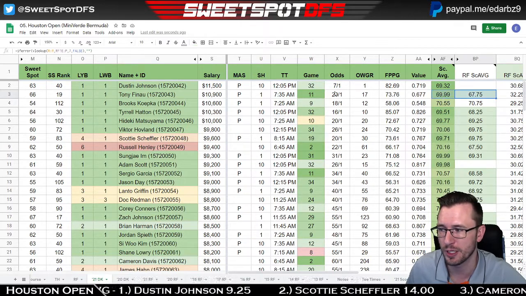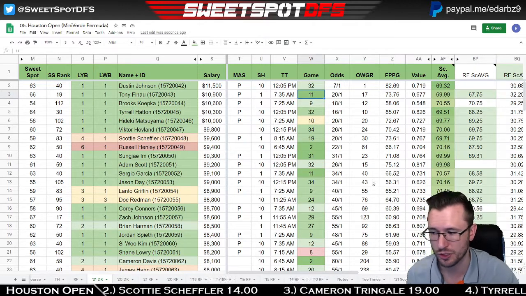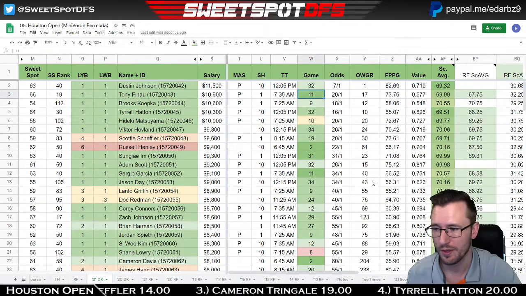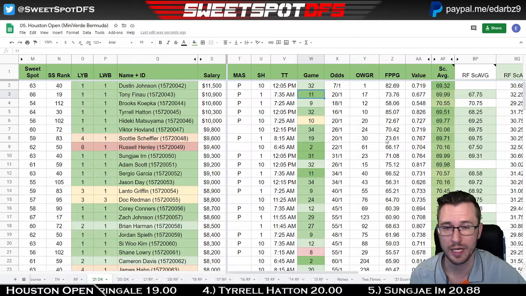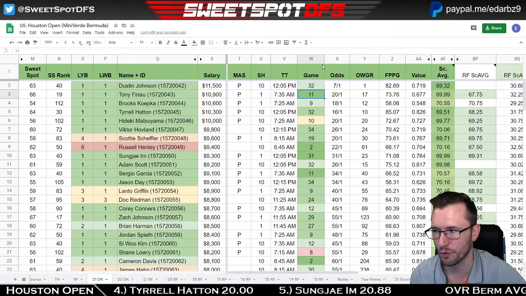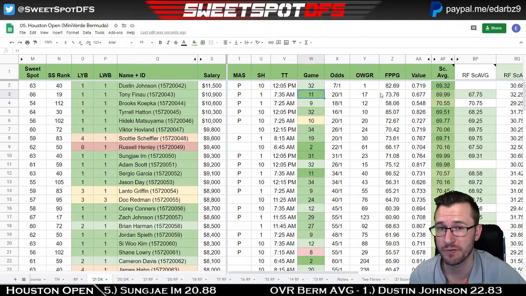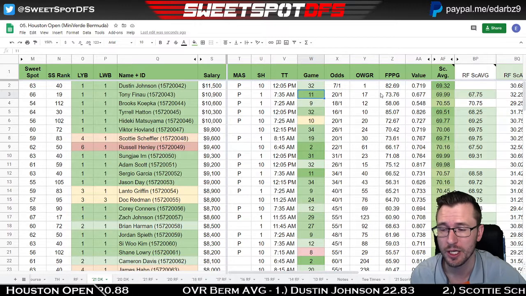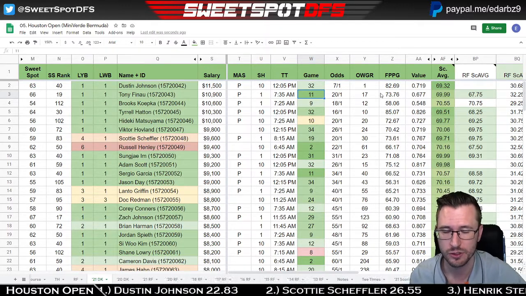If both of them were green, automatic dark green. So the darker the green, the better. That means more golfers in their tee time pairing were both under field average for recent form scoring average and under field average for season long scoring average.